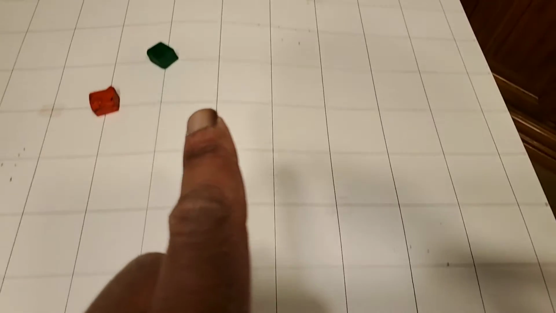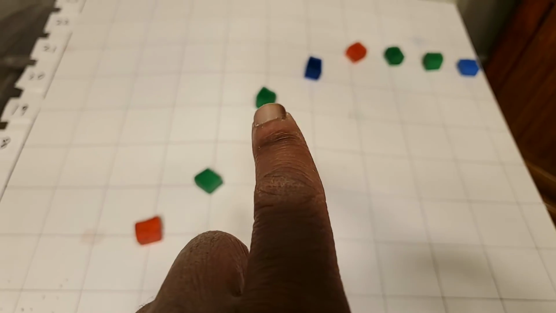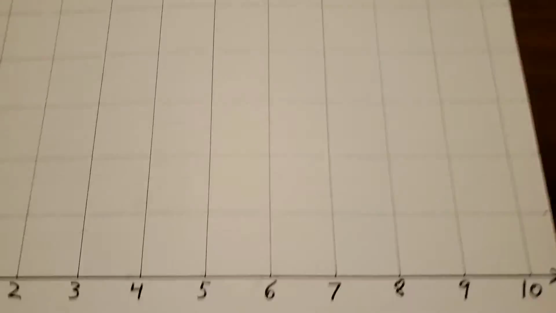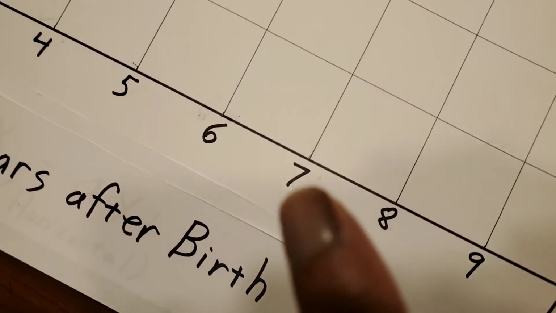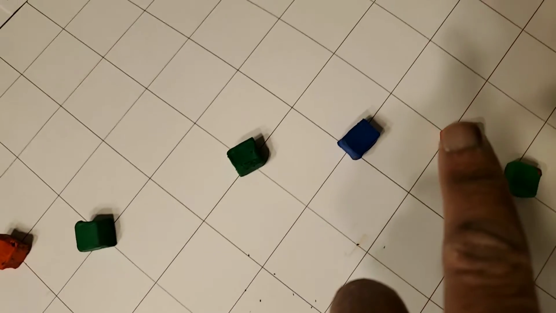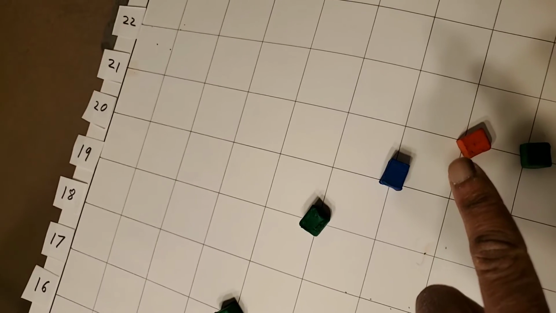Year 5 stops at 19 inches. Year 6 stops at 20 inches. What about year 7? Year 7 stops at 21.